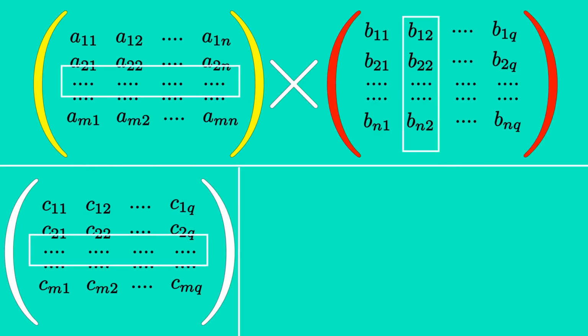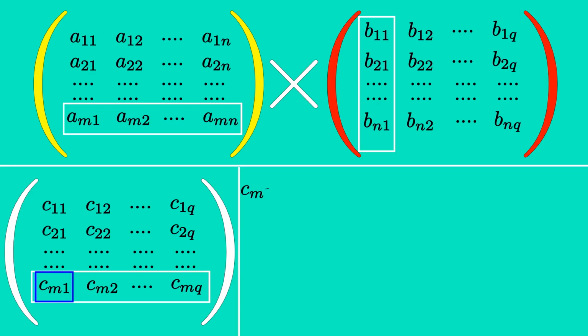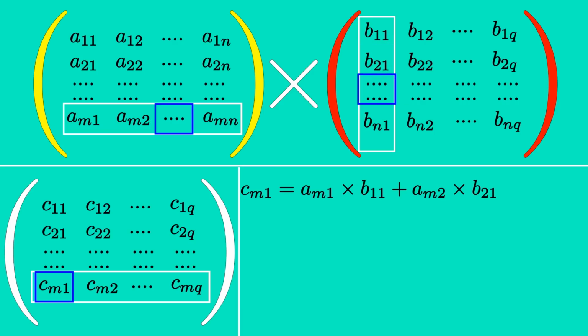So for the elements of the last row of C, move the rectangle of A to the last row. So the first element Cm1 is equal to the first element of this row multiplied with the first element of this column plus the second element of this row multiplied with the second element of this column, and so on.